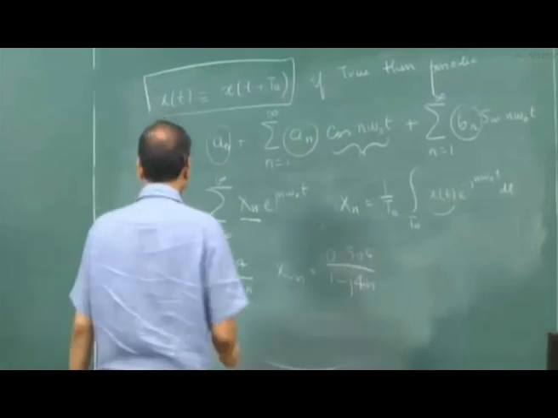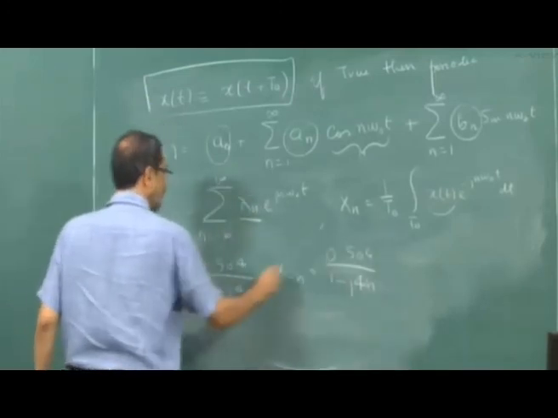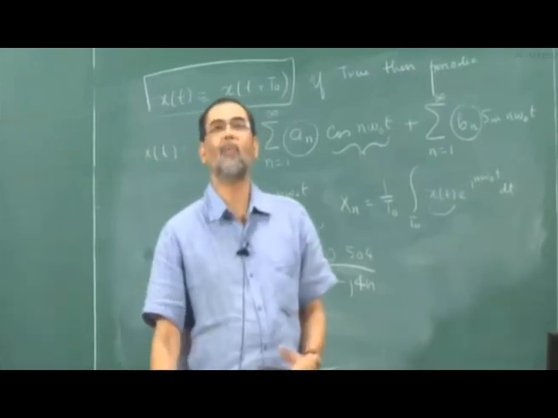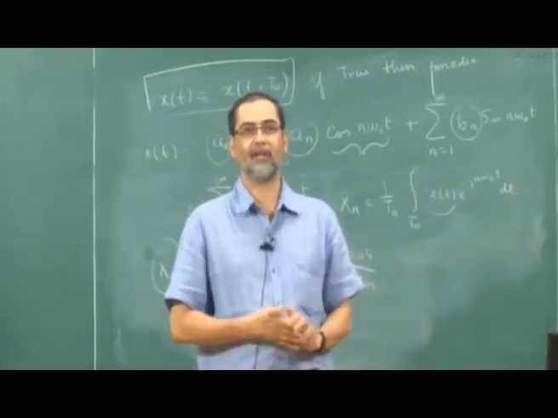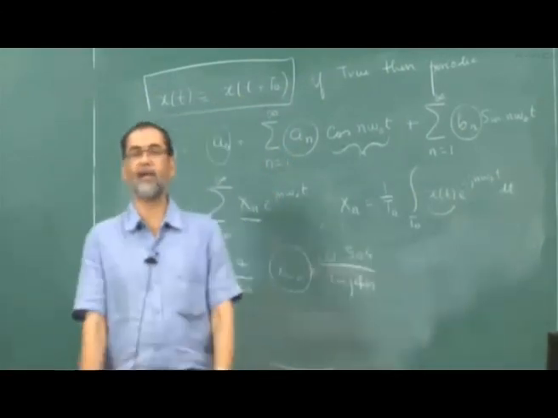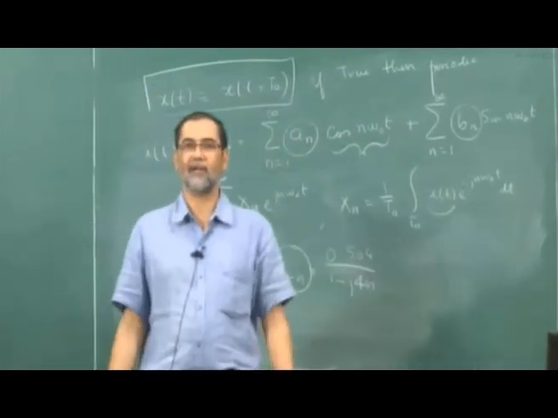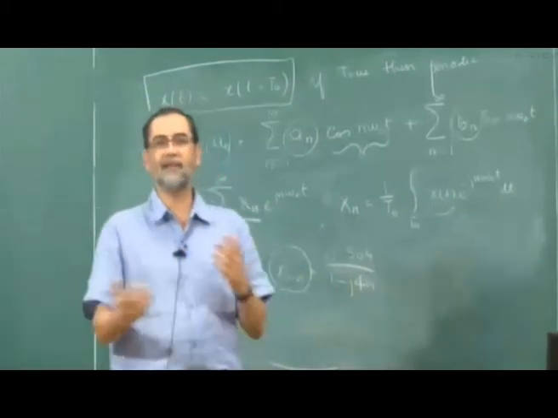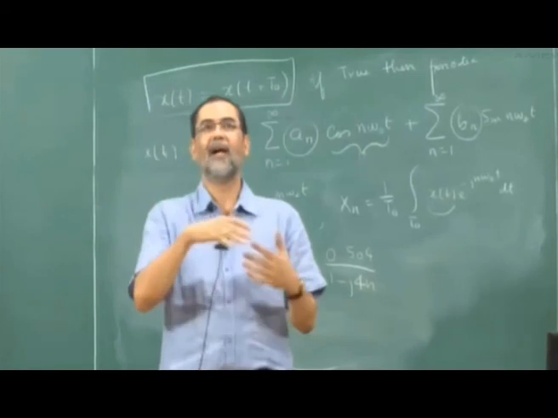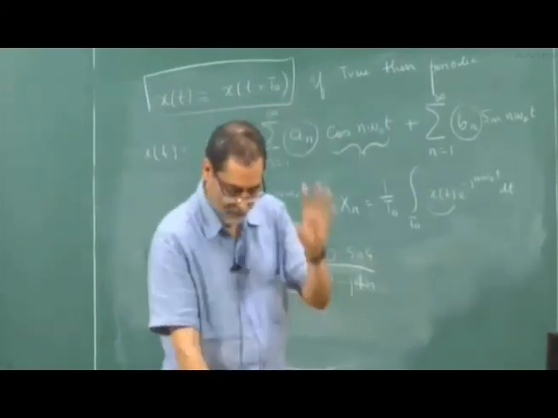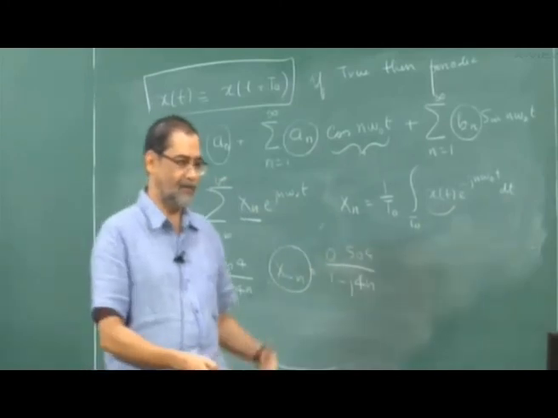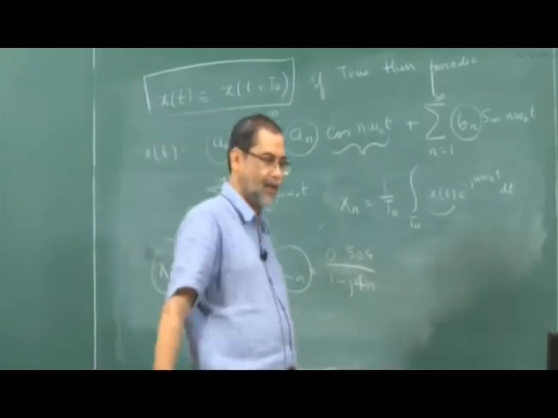So x of n and x of minus n, please notice, are complex conjugates of each other. This leads to what is called the conjugate symmetry property. Conjugate symmetry means the magnitudes are even symmetric and the phase is odd symmetric. We'll come back to this later on. We still have another 2 days left, so we'll talk about this conjugate symmetry property.